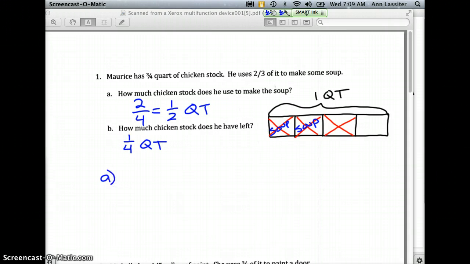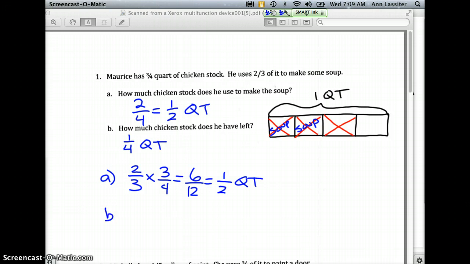We can also look at this problem and see what the first question is asking. It says, how much chicken stock does he use to make some soup? Well, he uses 2/3 of what he has, and that translates into 2/3 of the 3/4 that he has, which multiplies to 6/12, which reduces to 1/2 a quart.